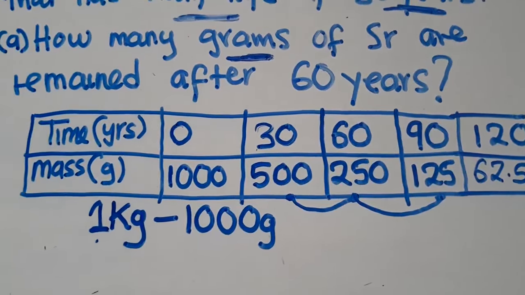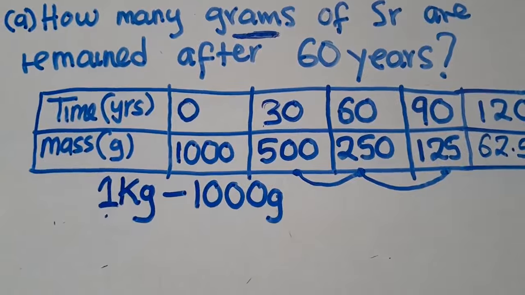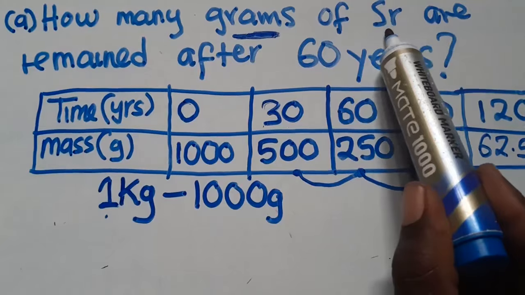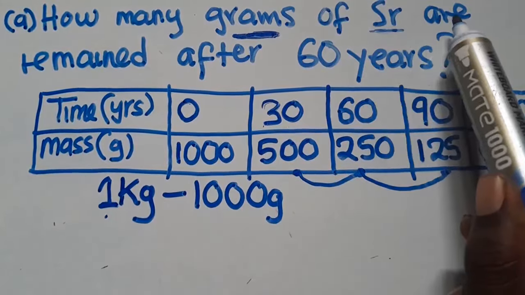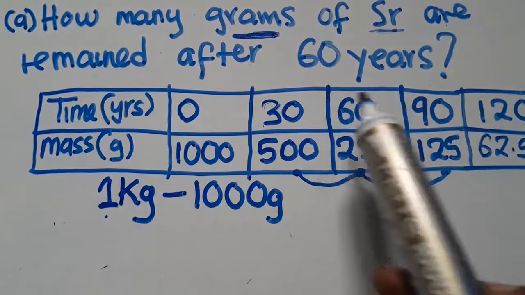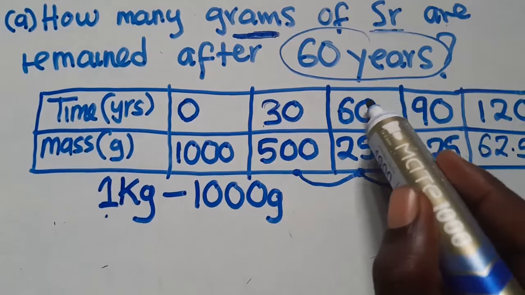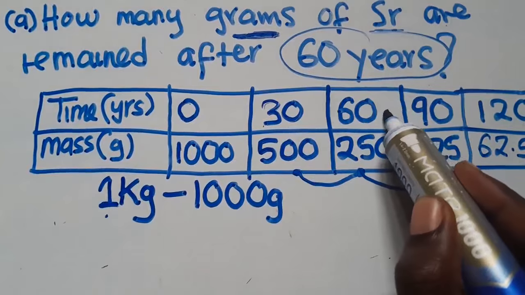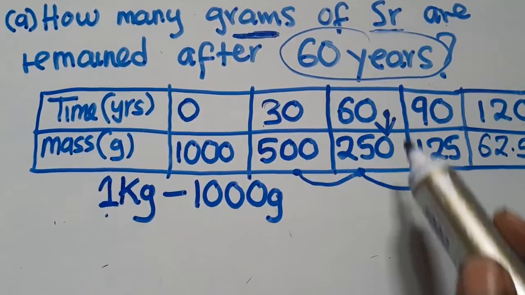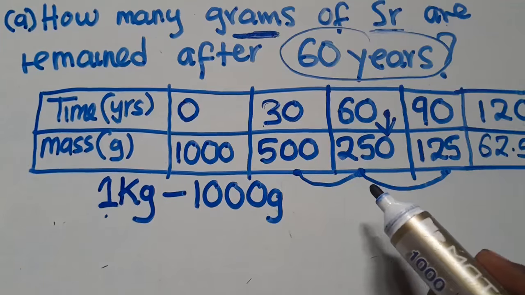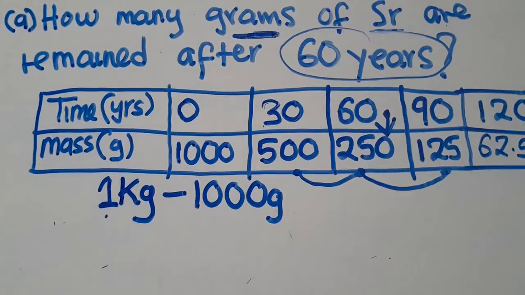So let's read the question again. The question is saying, how many grams of strontium, which is Sr, remain after 60 years? Where is our 60 years? 60 years is here. So how many grams will remain after 60 years?